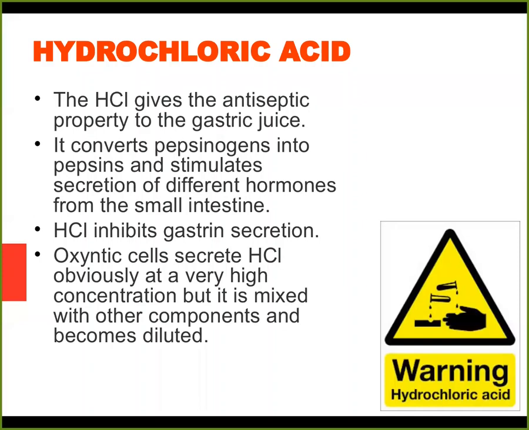Why do we need hydrochloric acid in our gastric juice? First of all, this acid works like an activator. It is necessary for activation of pepsinogen. The second component of gastric juice, pepsin, is produced in inactive form and converts into active form, pepsin, which may take part in digestion only at low pH.